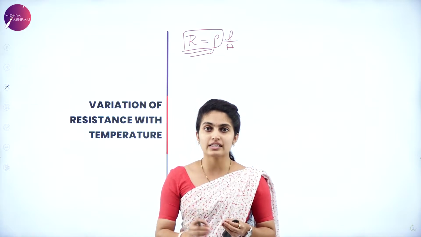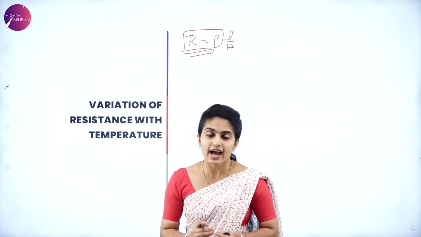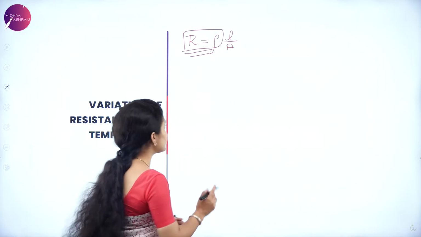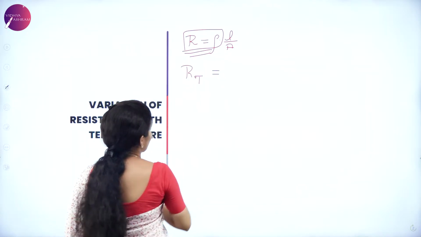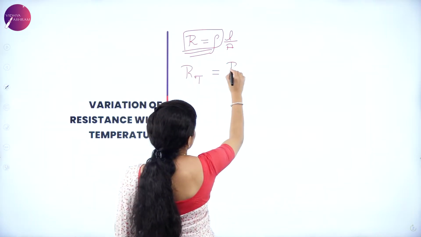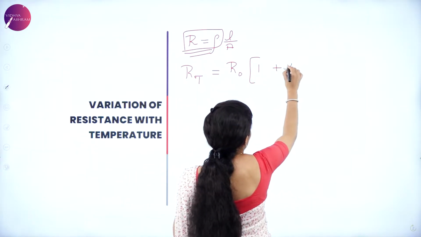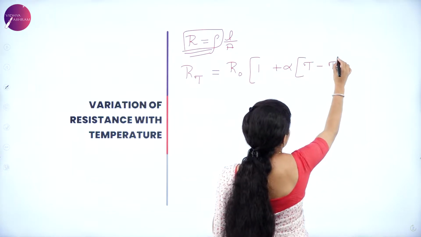Now we know that the dependence is linear. So according to that linear concept, we have an equation: the resistance at a certain temperature, RT, equals the resistance at the original temperature, R naught, into 1 plus alpha into (T minus T naught).